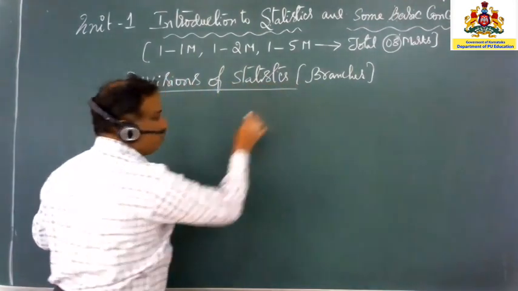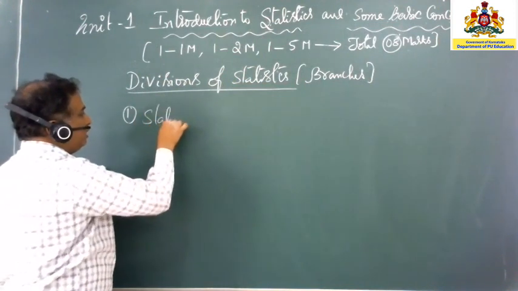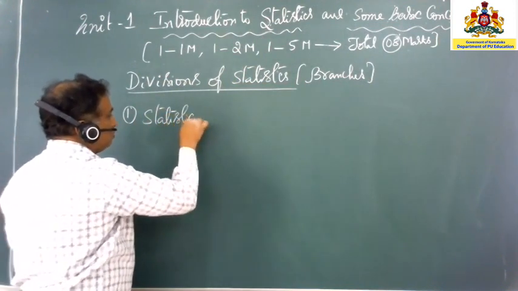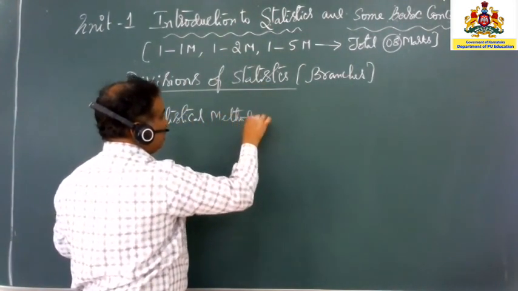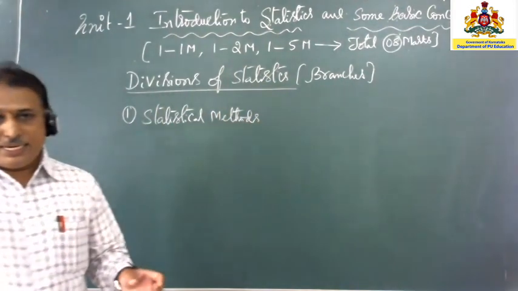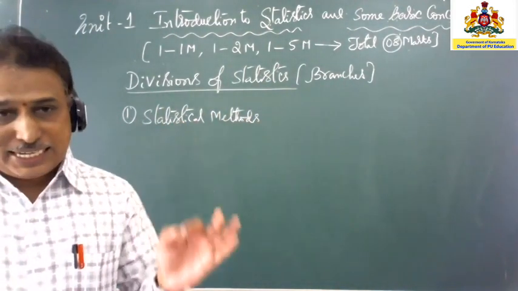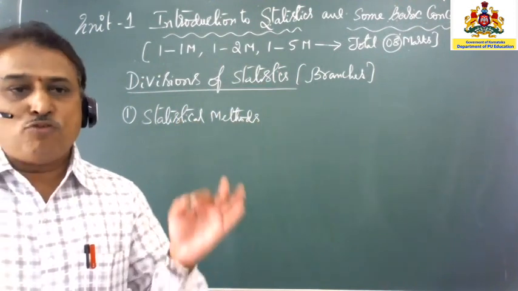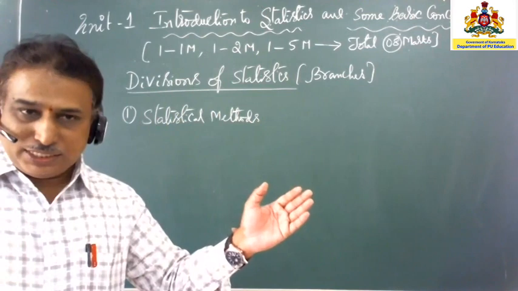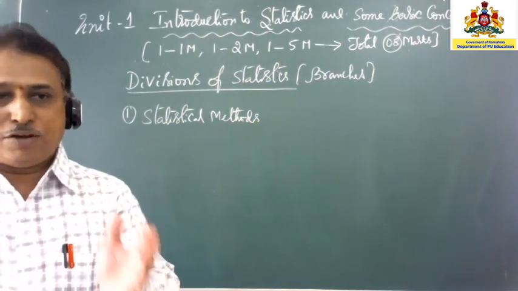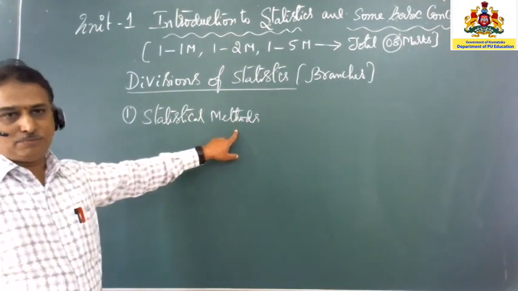Mainly there are two divisions of statistics. One is statistical methods. It is the general procedure of statistical analysis for decision making. To take the decision, we have to follow the general procedure of statistics, which is nothing but statistical methods.